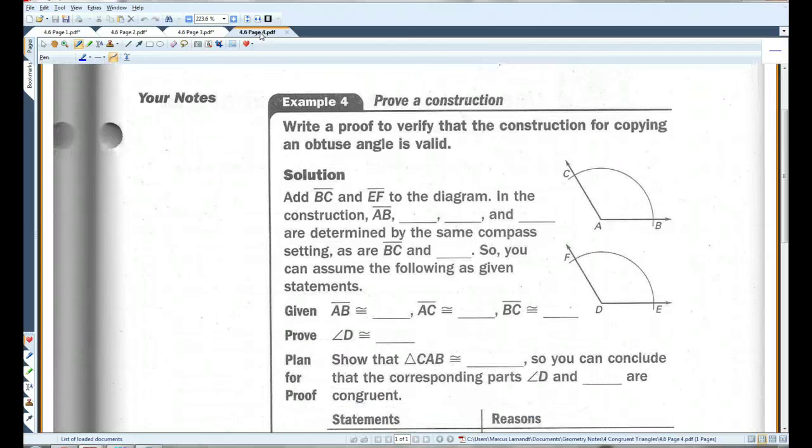Write a proof to verify that the construction for copying an obtuse angle is valid. Okay, add segment BC and EF to the diagram. Let's see here. I'm going to try to draw a straight line. No, that didn't work. Close enough.